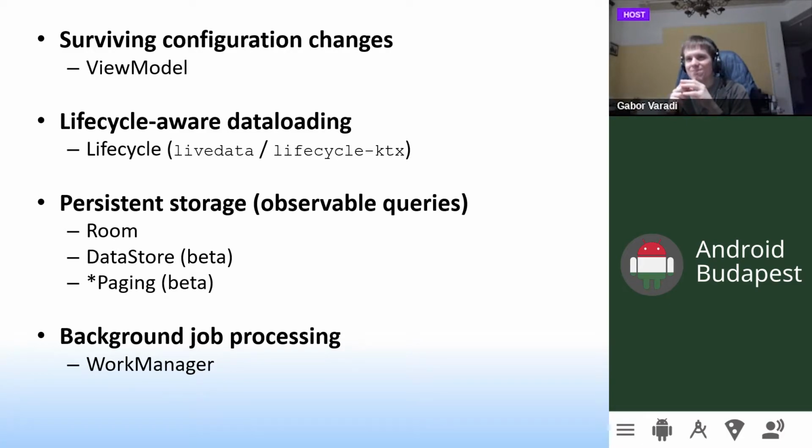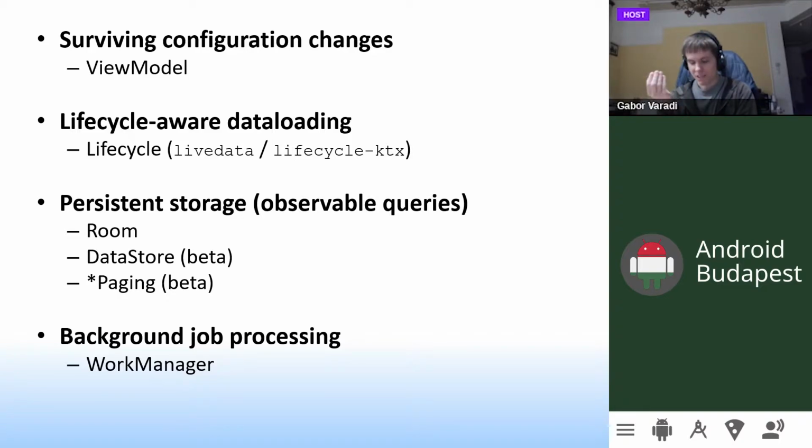Lifecycle aware data loading. So you can use LiveData and lifecycle observers to propagate whether the observer is actually interested in receiving events. For persistent storage, you can use Room. What's important is that it provides us with observable queries.